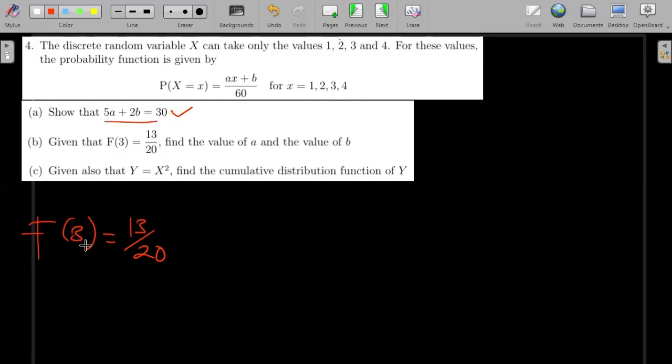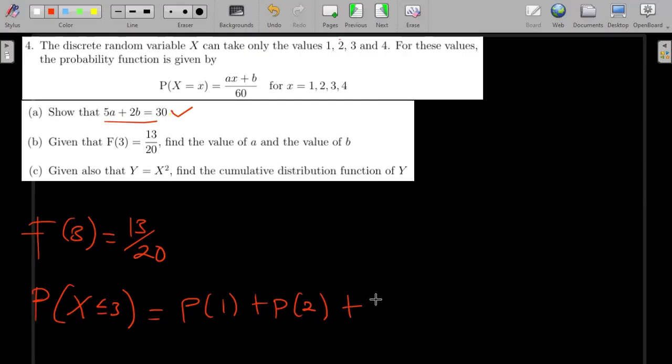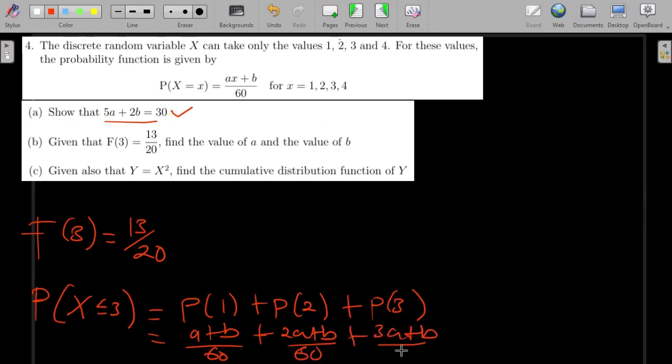Remember, f of 3 is the same as the probability that x is less than or equal to 3. So this is the same as the probability of 1 plus the probability of 2 plus the probability of 3. The probability of 1 is a plus b over 60, plus the probability of 2 is 2a plus b over 60, plus the probability of 3 is 3a plus b over 60.